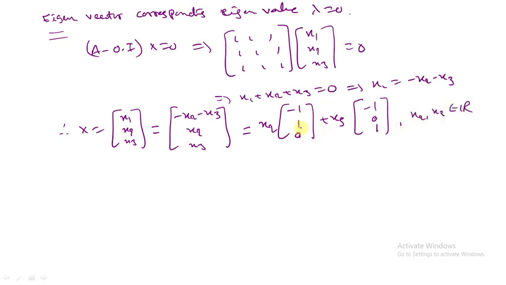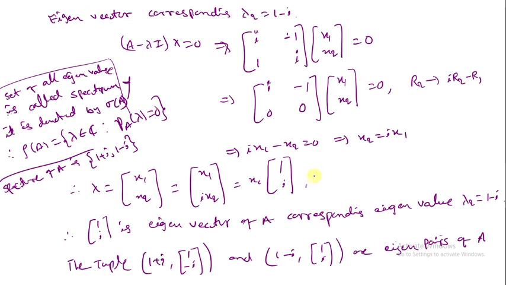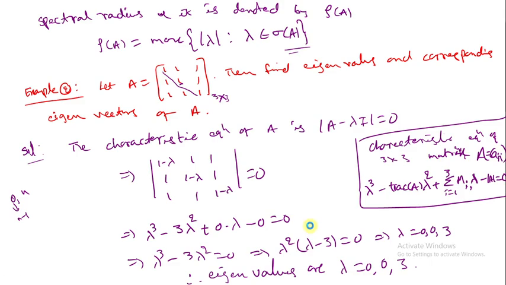Spanning, this linear combination: these two are independent vectors, and any linear combination of them is also an eigenvector. Previously also you can take this one, where x1 is any real number; if you take a scalar multiple, it is again an eigenvector.